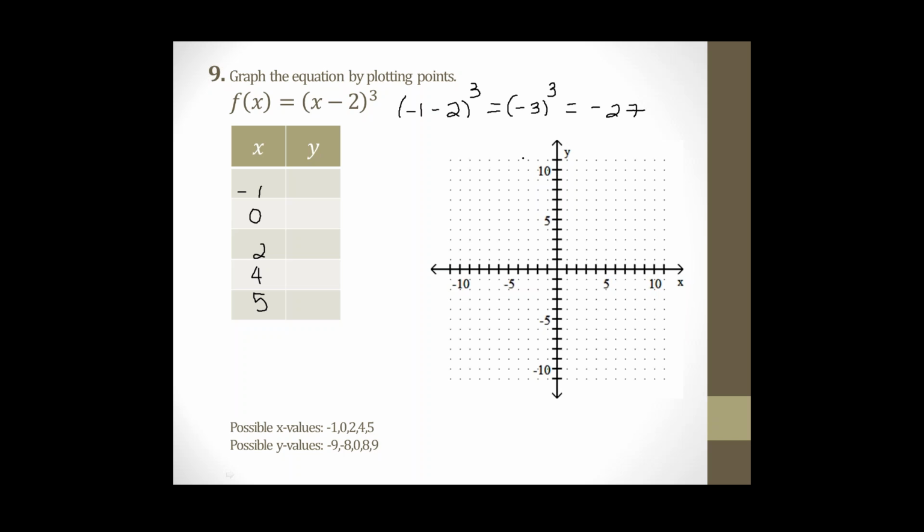So that's what I'll put here: -27. That's a very big value. I don't think we're going to use that because I don't have enough space. But the 0 should do the trick. 0 and the 2 and maybe the 4. I'm probably just going to use these 3.